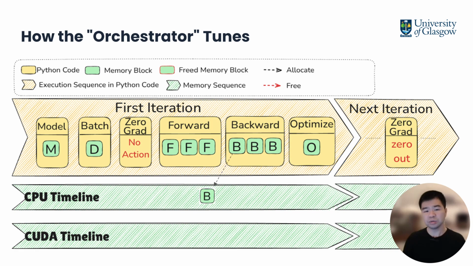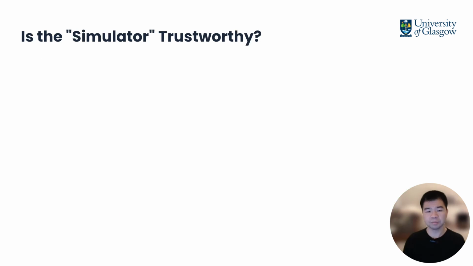On the CPU allocator, the allocated memory is freed almost immediately. But on CUDA, this memory is held until the zeroing function is called. Therefore, the orchestrator uses CUDA-specific logic to delay the free on the CPU events, creating a more accurate timeline.